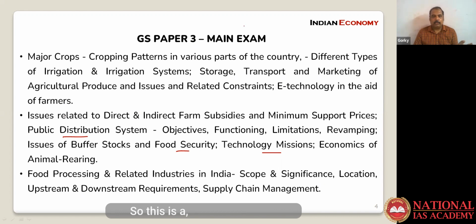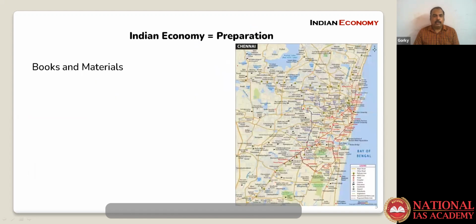Clear? So this is the logic on how you need to check the syllabus for economy. Fine. So what to refer to start with? As far as books and materials, yes, we have to start with NCERT. It's a basic norm we advise.